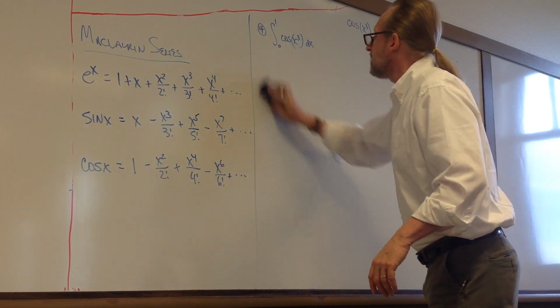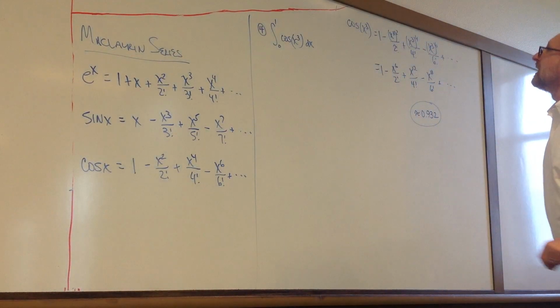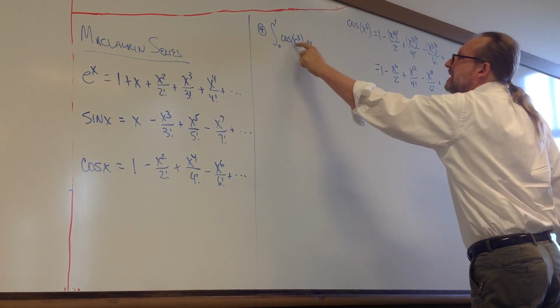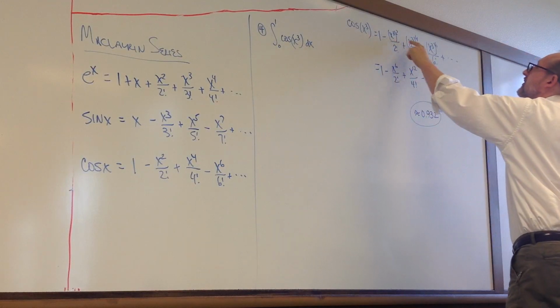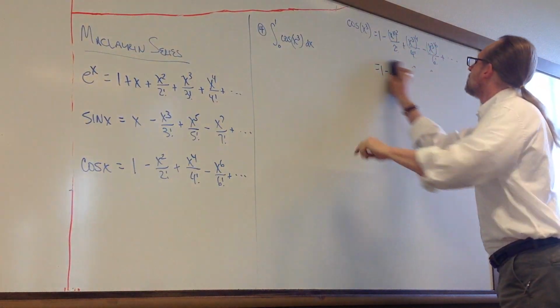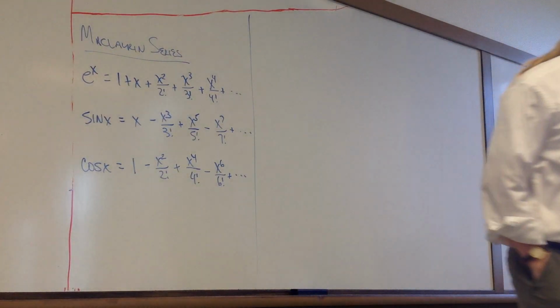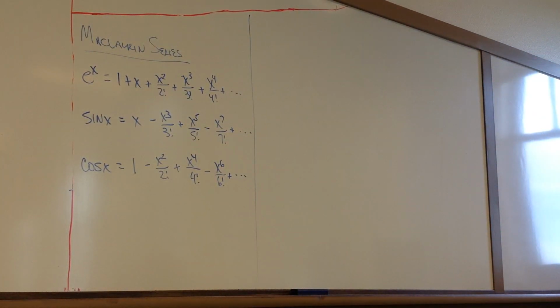Notice that this was a substitution problem. What was happening inside the cosine function, I had to substitute that piece into the series. So some of these are a little bit different. Problem 6 is a good example of something that's not a substitution problem.